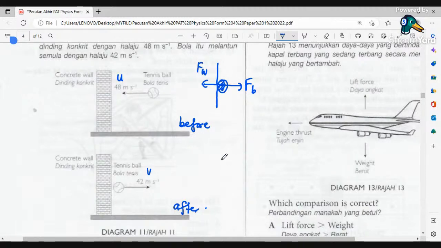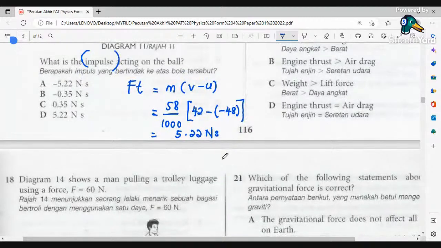Balik ni saya punya masalah. Action dia negatif sebab kita calculate ialah on the ball. On the ball ialah reaction force. So if you calculate this way, you calculate is action force. So action force ialah positif. 5.22 Newton second.